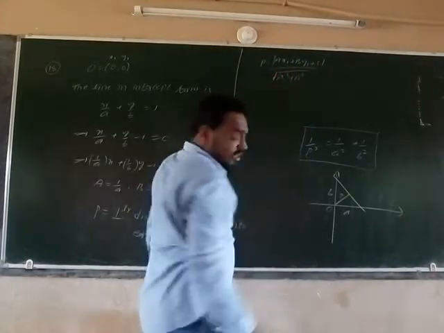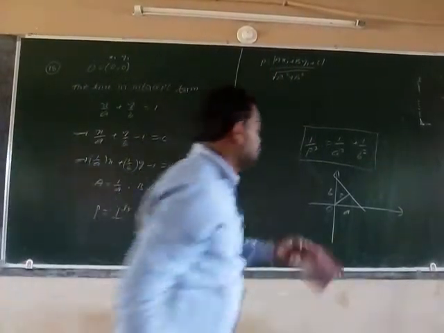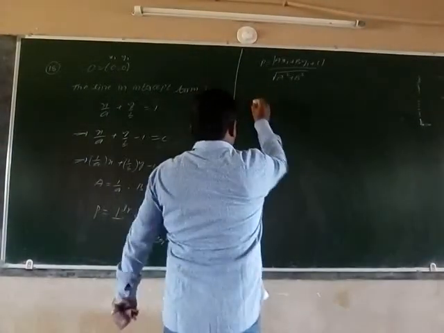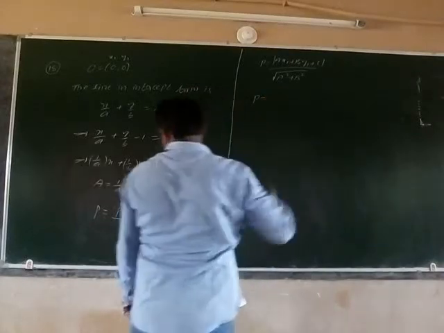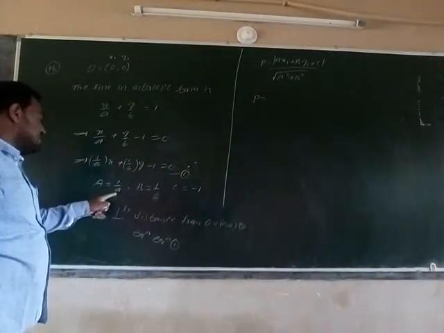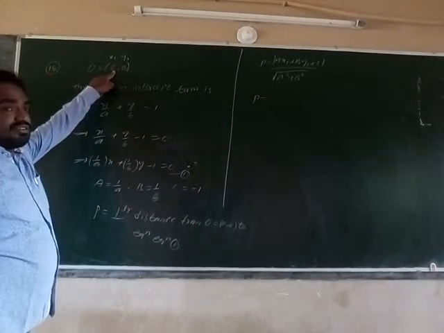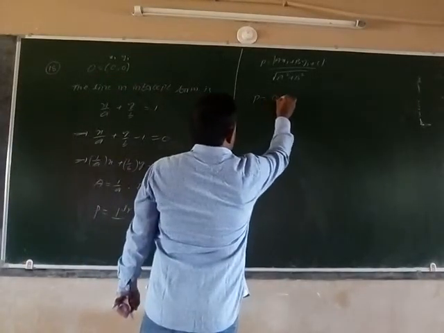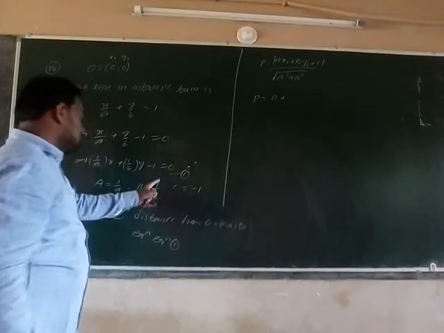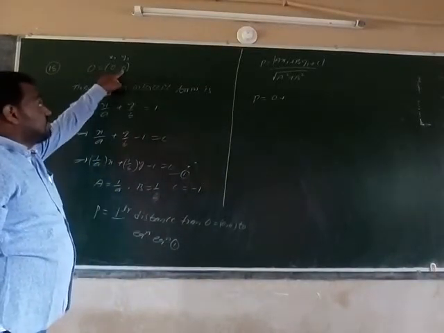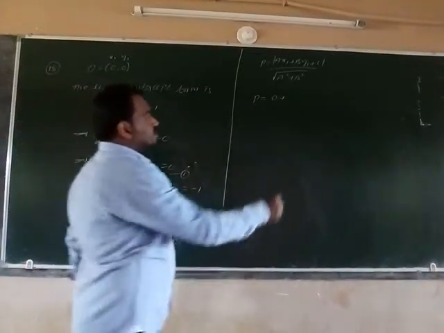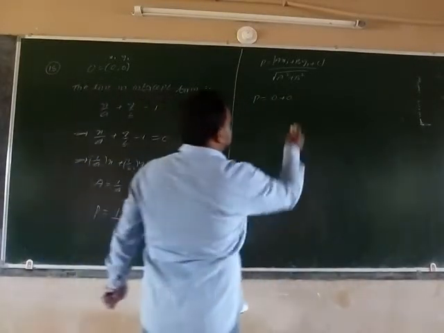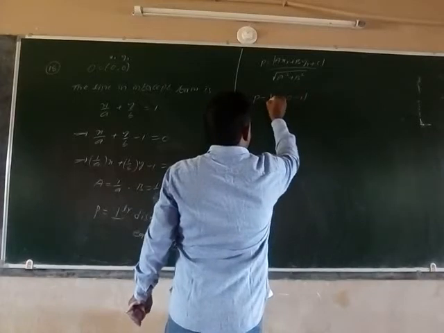Now substitute all the values. a is 1 by A into x1, which is 0, plus b is 1 by B into y1, which is 0. So the total is 0, plus c, which is minus 1. This is the numerator.